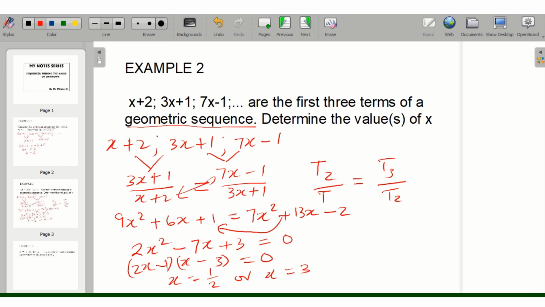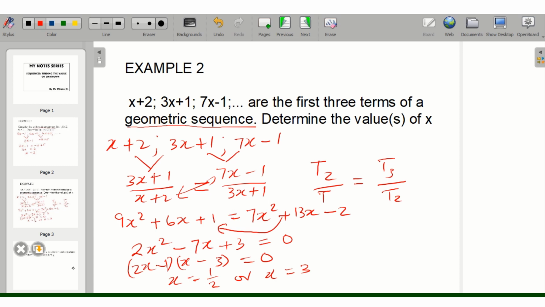So if you look at these two examples that we've done so far, you can obviously see that the most important thing is to remember what is a geometric sequence and what is an arithmetic sequence, because that knowledge will allow you to see which information you are supposed to use.